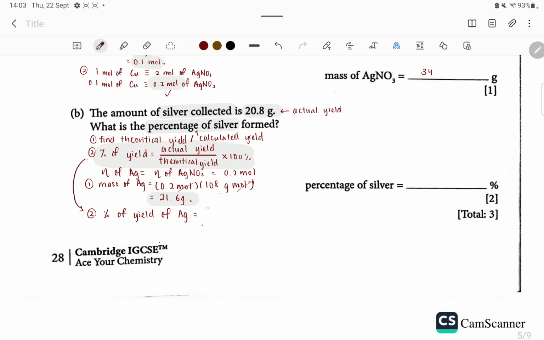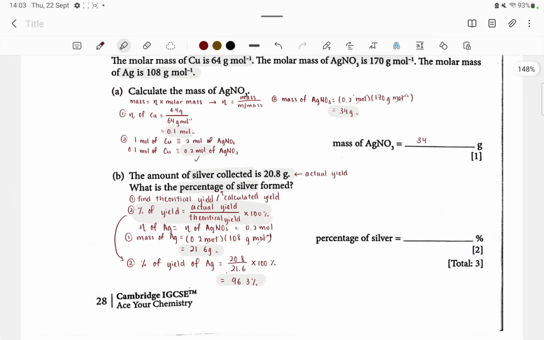So this one, 20.8 over 21.6 times 100%. Press calculator, you should get 96.3% as your final answer. Okay. So this is all for number 6.